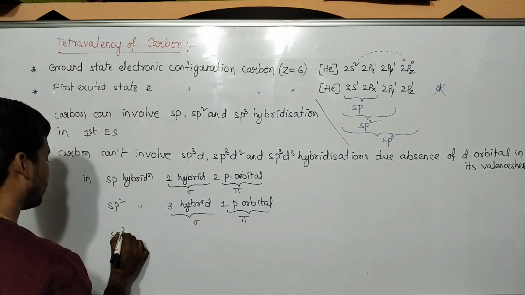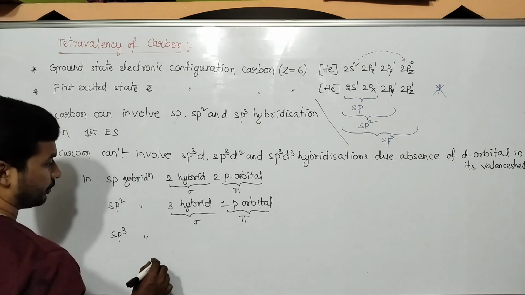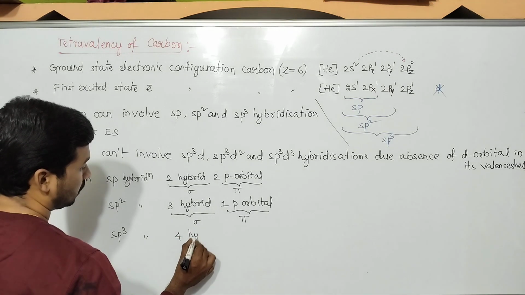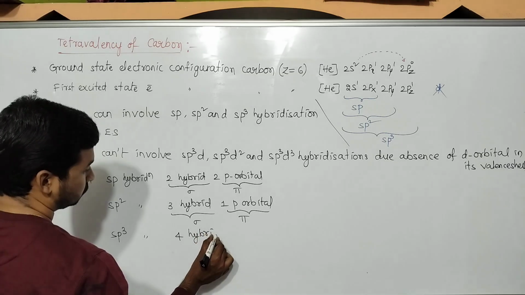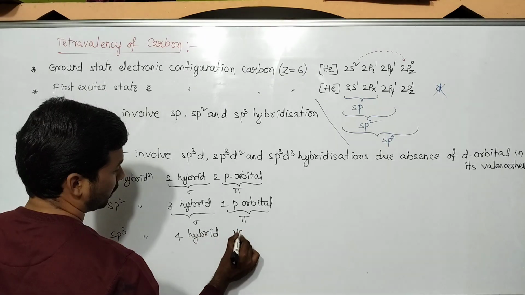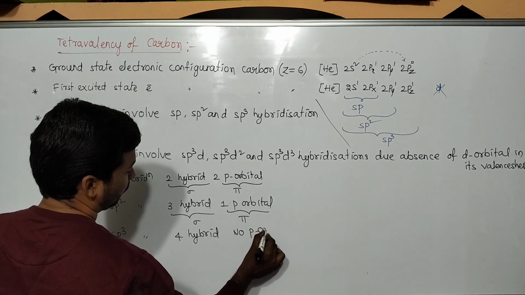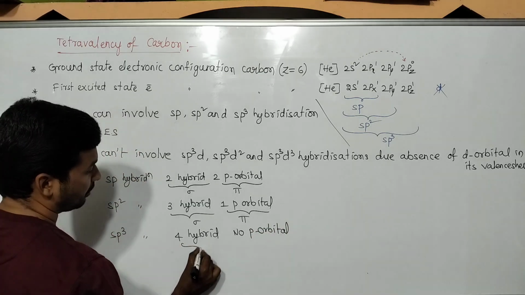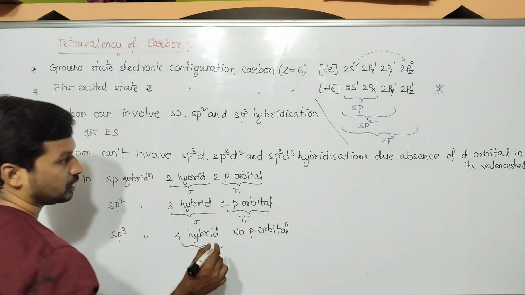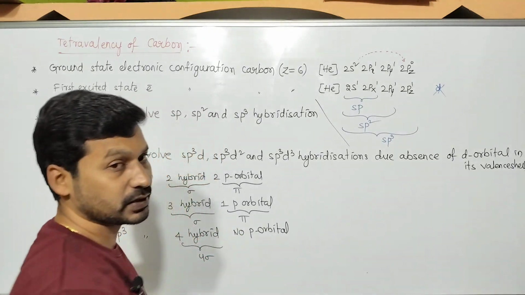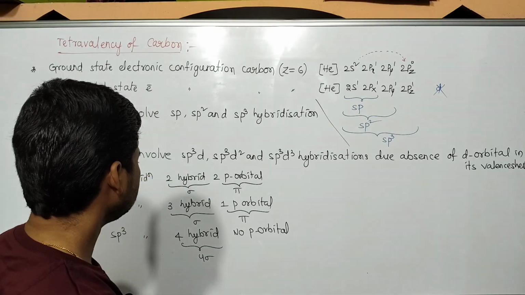In sp3 hybridization, there are four hybrid orbitals, no p orbital, all are sigma bonds only. That means how many sigma bonds can it form? 4 sigma bonds. So see this table, by counting the number of sigma bonds we can assign hybridization.